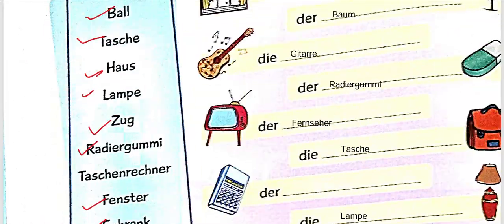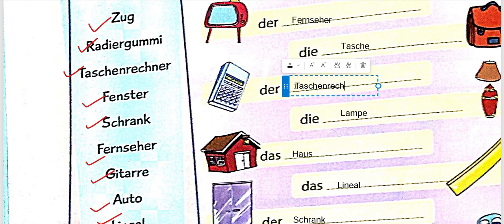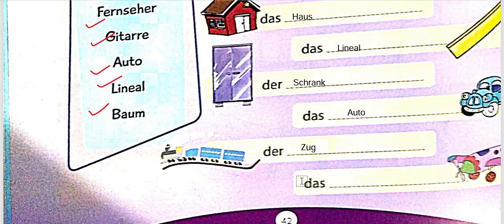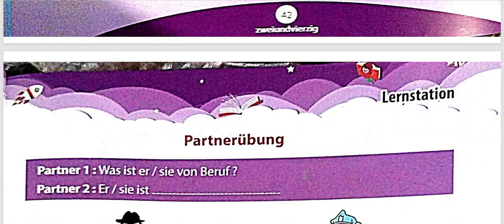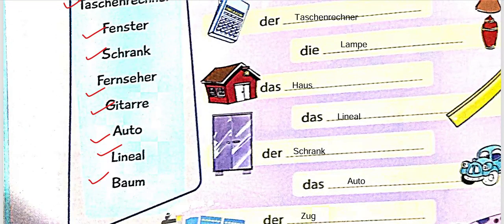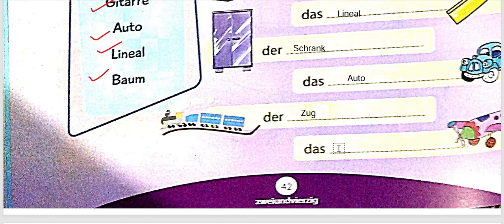And we also know that Taschenrechner is calculator. Okay. So we have done everything. So I guess this one we are supposed to do by ourselves. It's an aeroplane according to me. So answer should be Flugzeug.